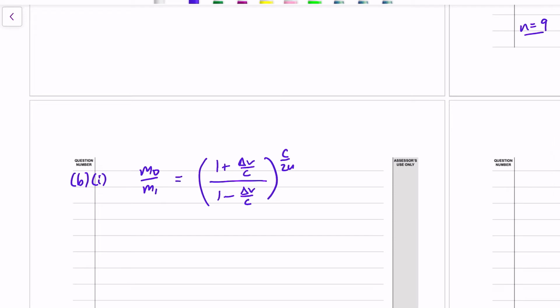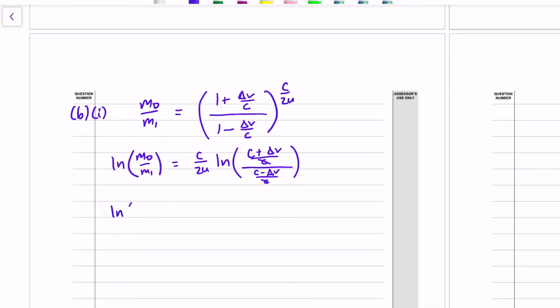Okay, so log both sides using the natural log, because the problem we're trying to rearrange involves E. So natural log power will come down the front of the natural log. And while I'm at this point, I'm also going to put the fractions together in this stuff. I've got c plus delta v all over c divided by c minus delta v all over c. Those c's cancel.